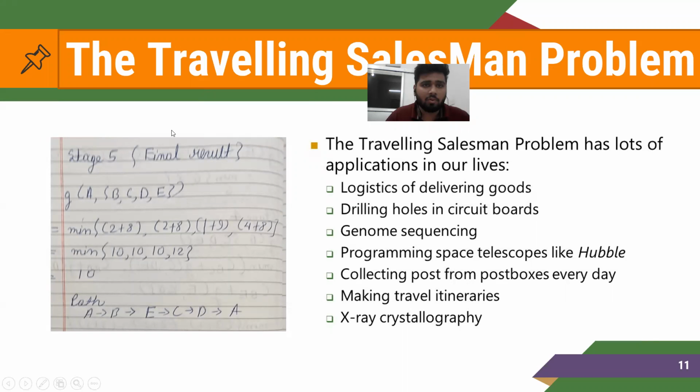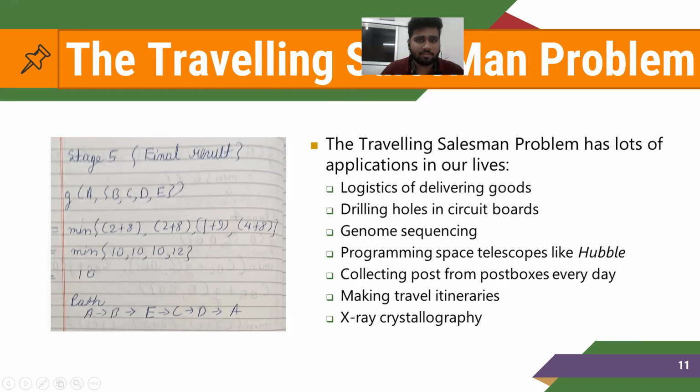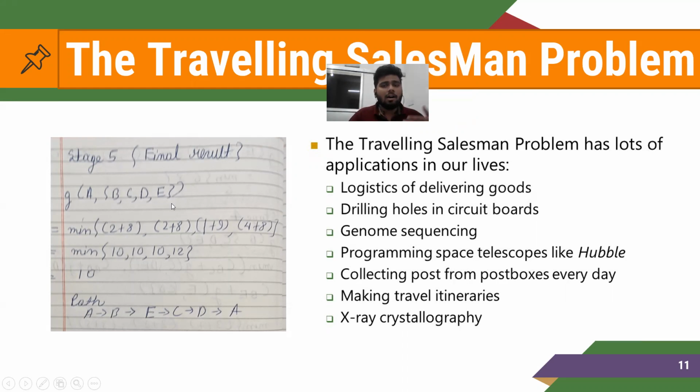So now we move to stage 5, which is the final stage. As I have shown you earlier, our objective was to find G of A comma B, C, D, E. Now, in this stage, we will be using four vertices in combination with A. So here we will apply the original formula with reference to these values.